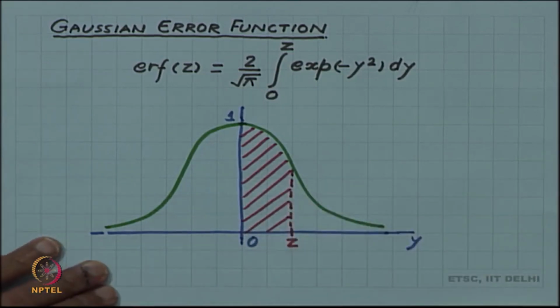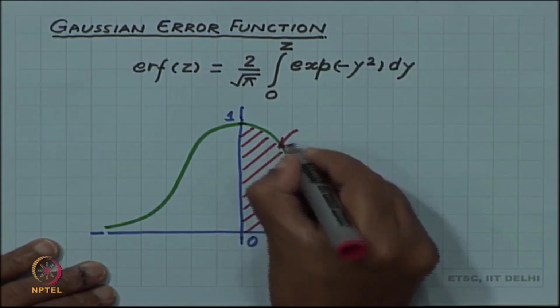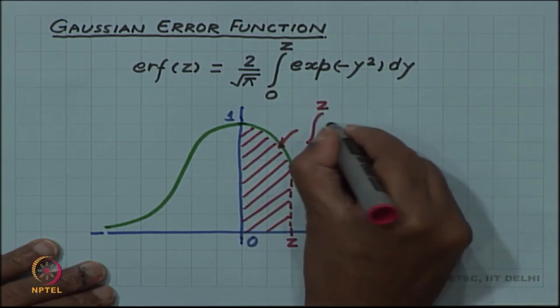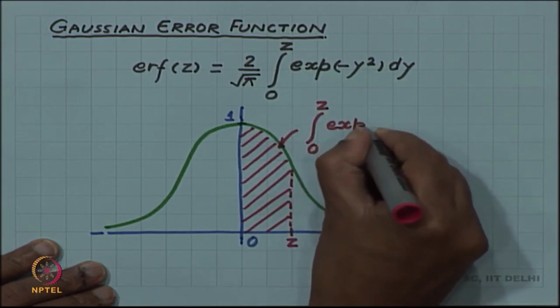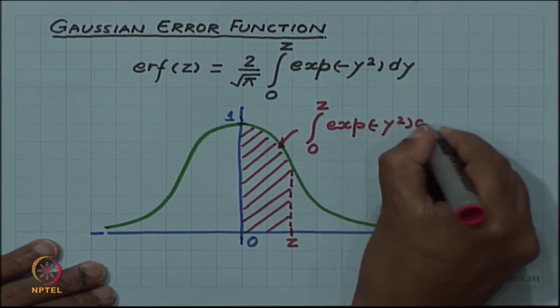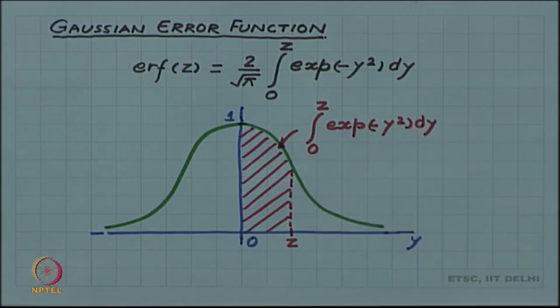This area is what is represented by the integral 0 to z of exponential minus y square dy. This area can be found, and if it is multiplied by 2 by root pi, you get the Gaussian error function.